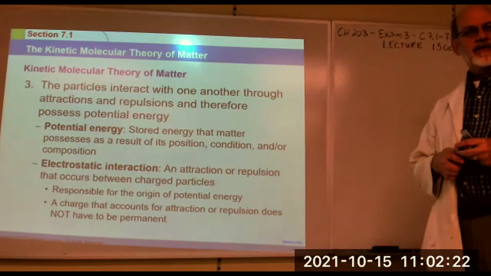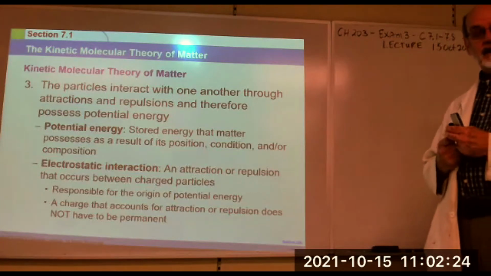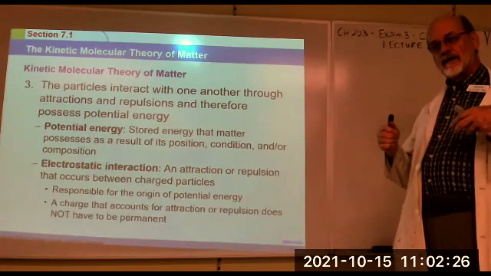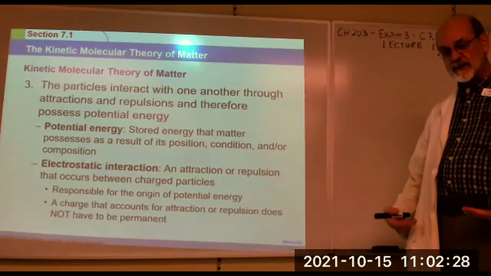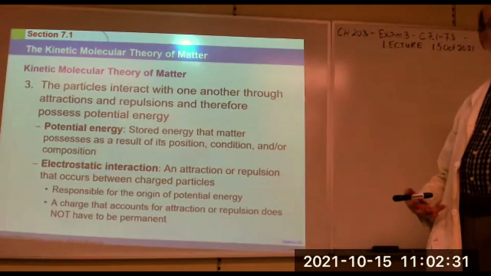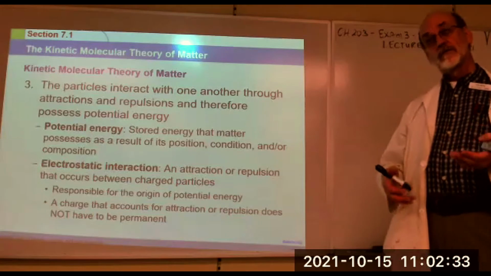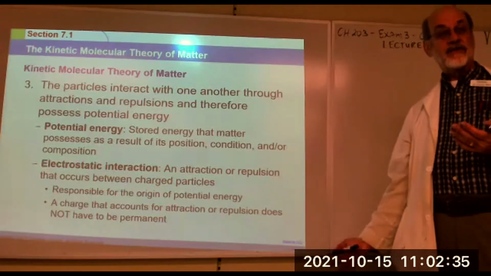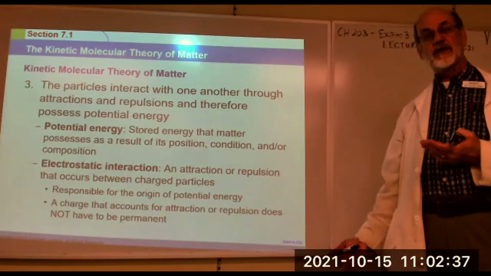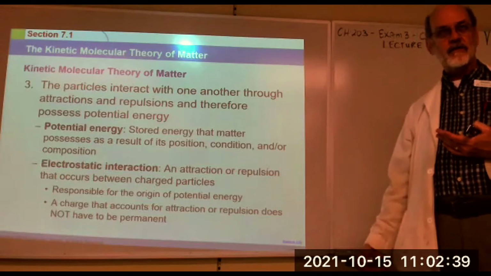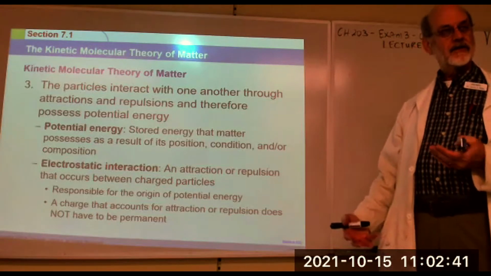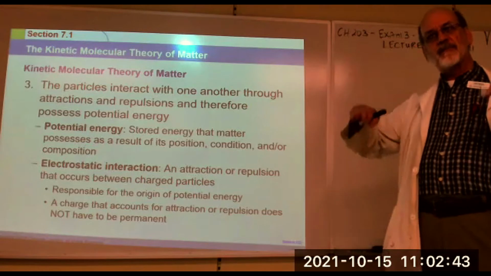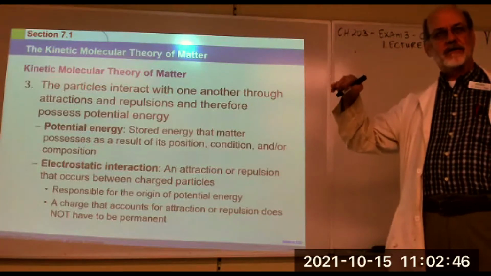The best example of that is gravity. In a gravitational field, I have a certain amount of energy at this position, and we're on the second floor. On ground level, I would have less potential energy because I'm closer to the center of the force that's attracting me. So there's stored potential energy in my position above the ground.